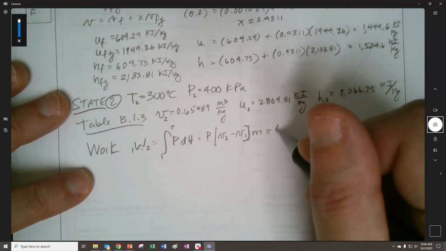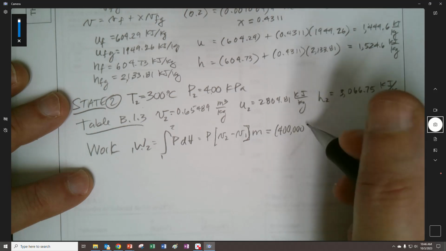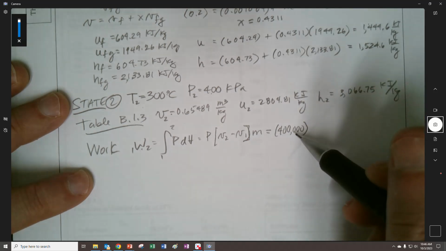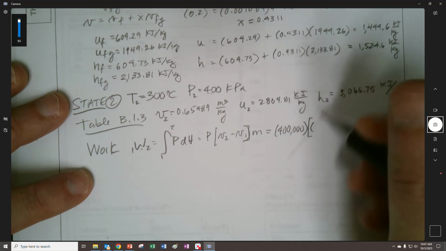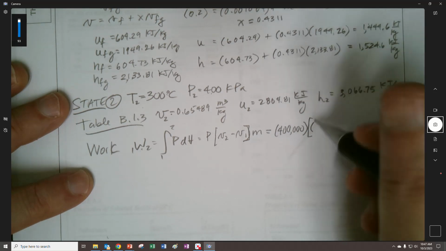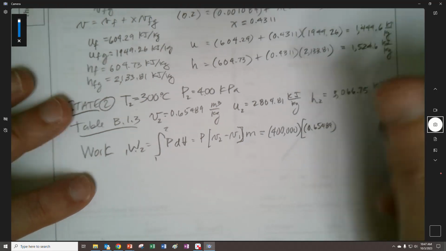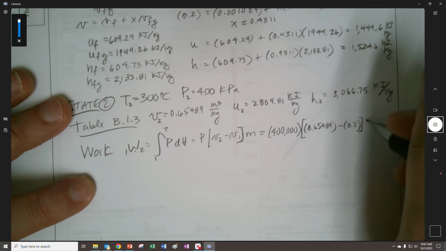If we do that, I like to go in base units: 400,000 newtons per meter squared, multiplied by cubic meters per mass, 0.65489 minus our 0.2 from state 1, and then multiply it by our 0.5.